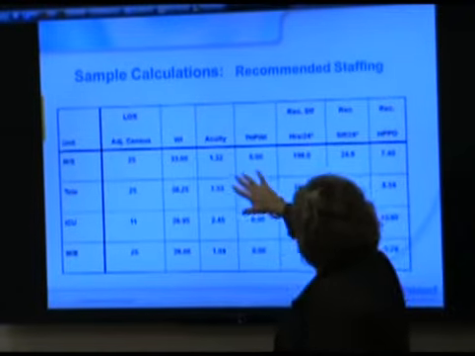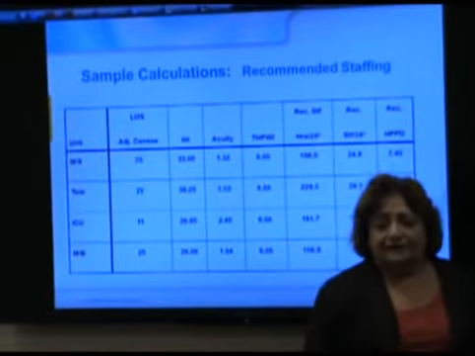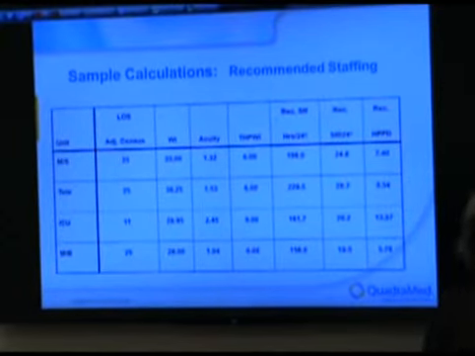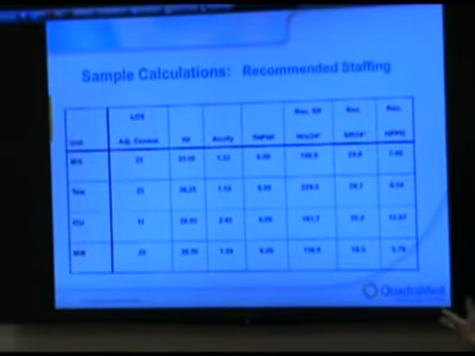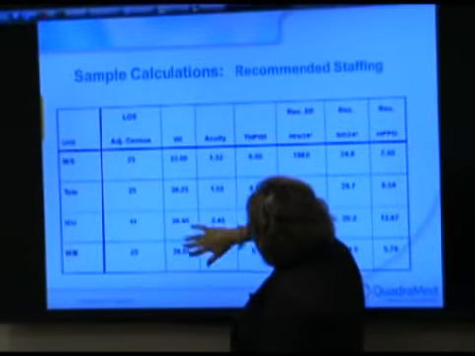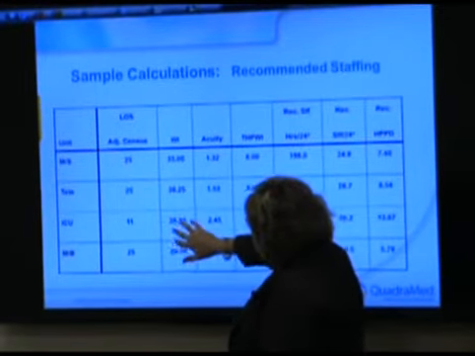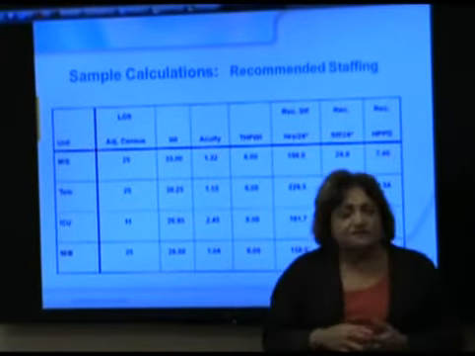They look different. But what we're going to be looking at is workload. And you can see these workload numbers, like for ICU, the workload is 26.9, and for Mother Baby, the workload is 26.